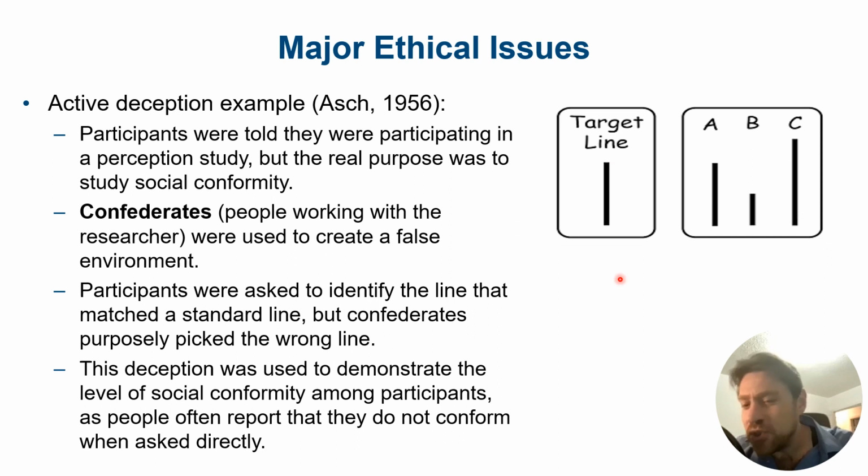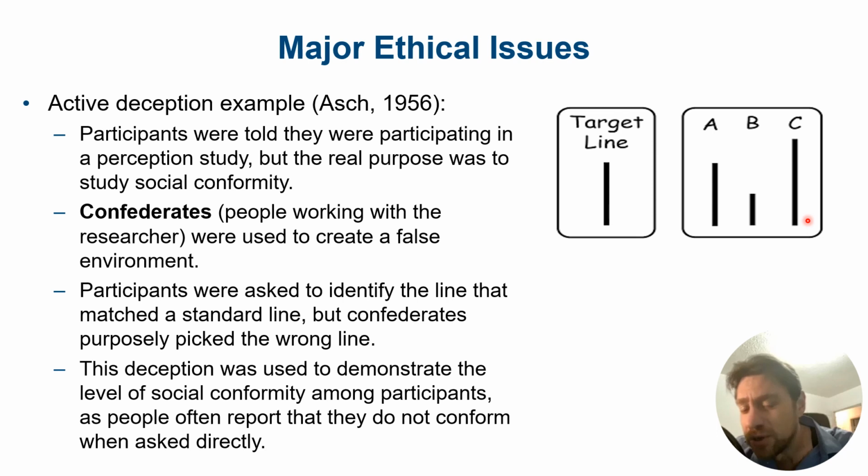And now imagine, to your surprise, the first person chooses C instead of A. And you go, oh, that's weird. What's wrong with that guy? And then the second person chooses C. And the third chooses C. And the fourth chooses C. And the fifth, and so on. And all 12 people ahead of you all chose C.